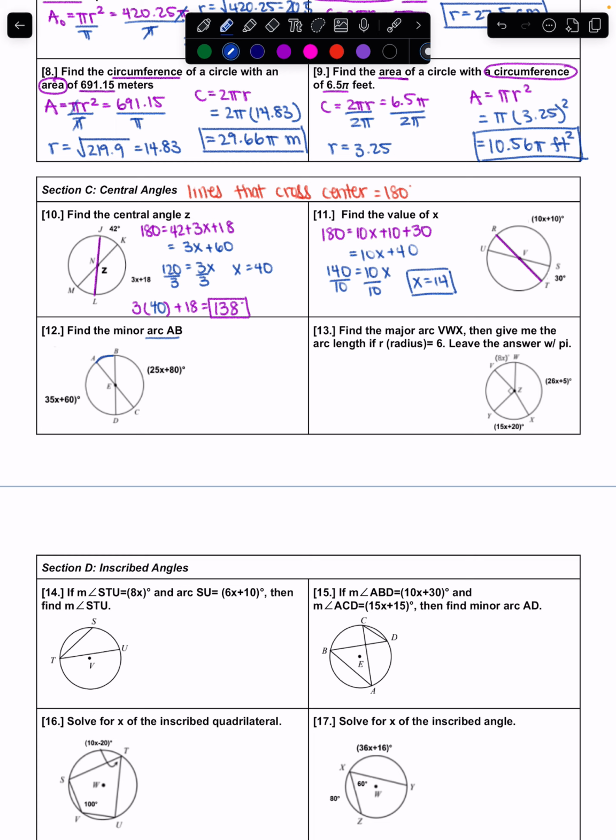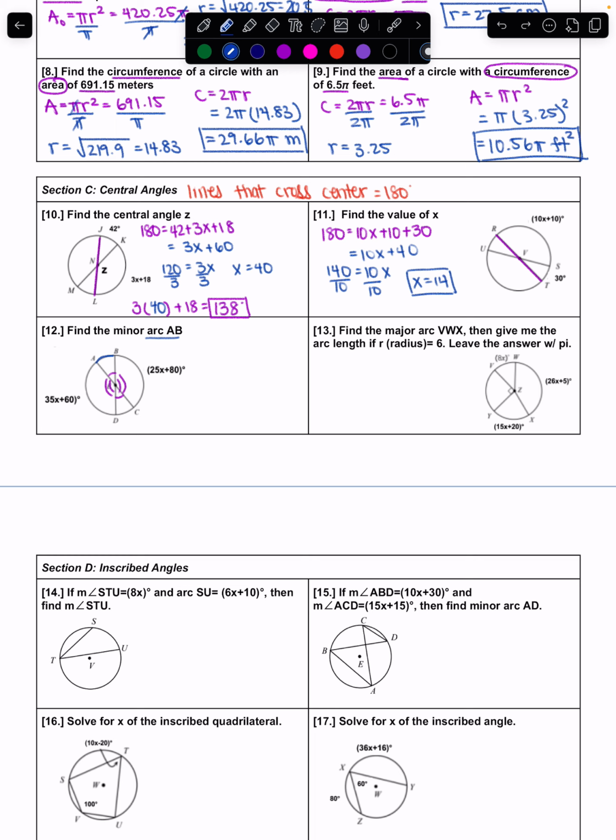Something to note is that we have a bunch of vertical angles here. So right here is a vertical angle, here is a vertical angle, and we also know that right here and right here are vertical angles. That's important to note because the only thing that they gave us was the arc AD and the arc BC. But we know that there are vertical angles there.